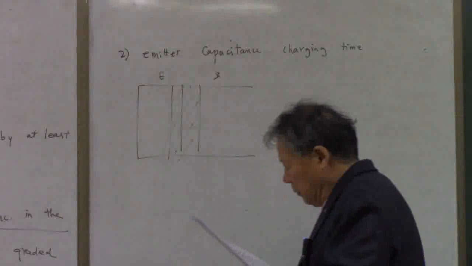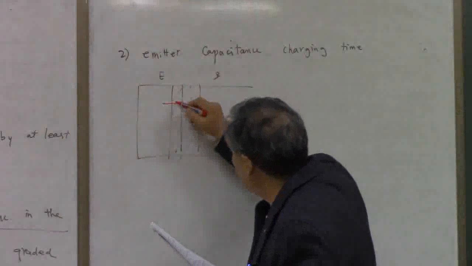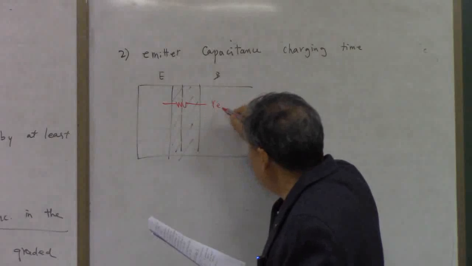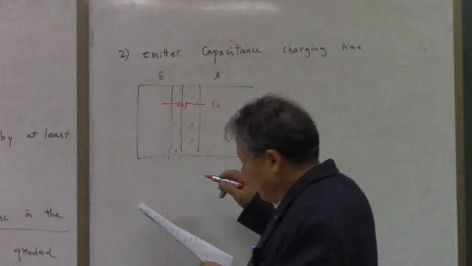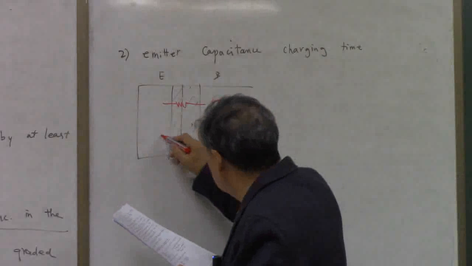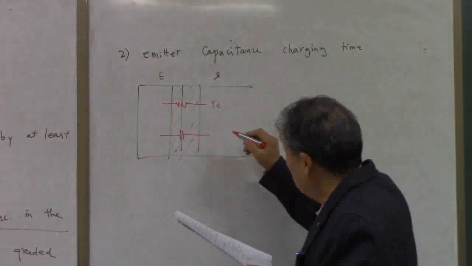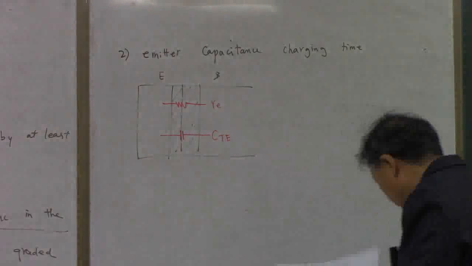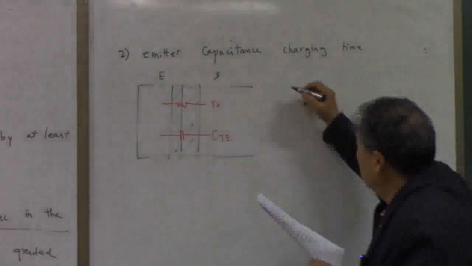One is the junction resistance, r_e, and the other is the depletion capacitance.